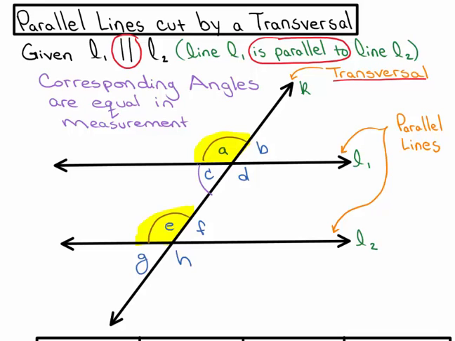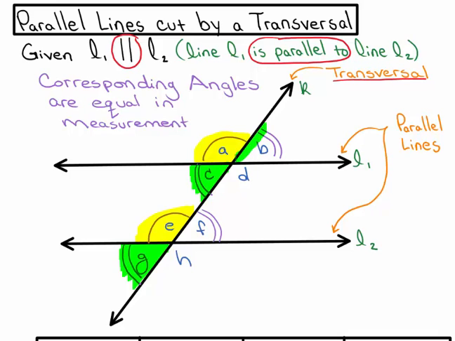Angle C and angle G are equal to each other in measurement. So if we look at these two, we can see that they look alike as well. And we could imagine that if we were to slide down angle C, it would land right on top of angle G perfectly. Angle B and angle F are also corresponding angles.